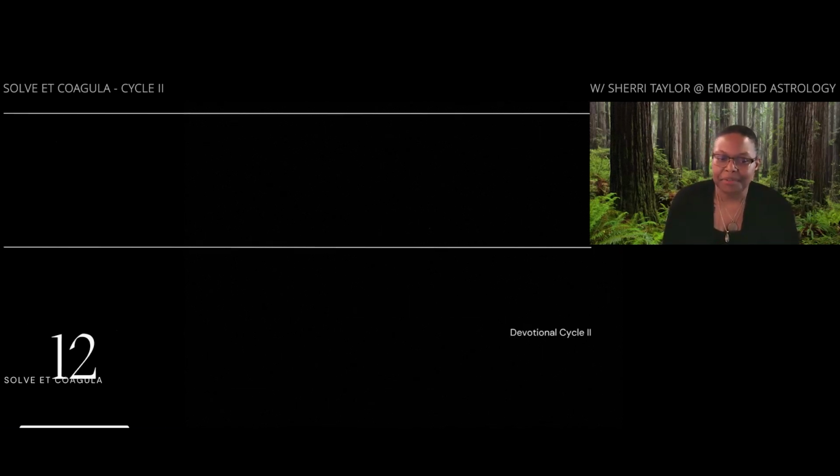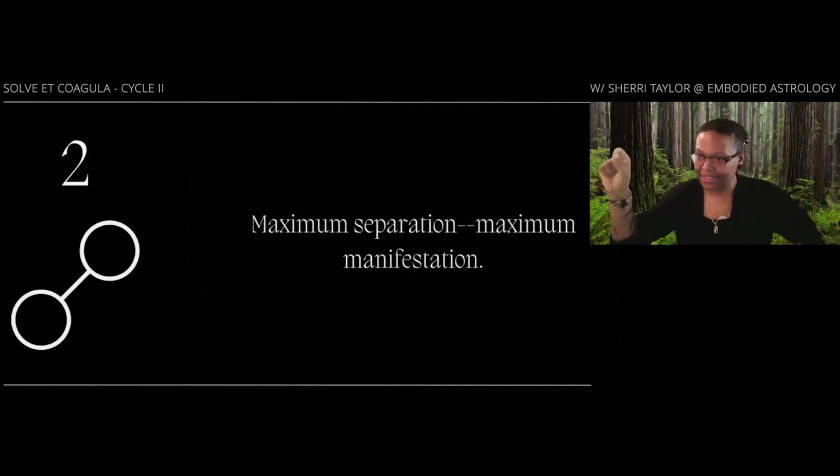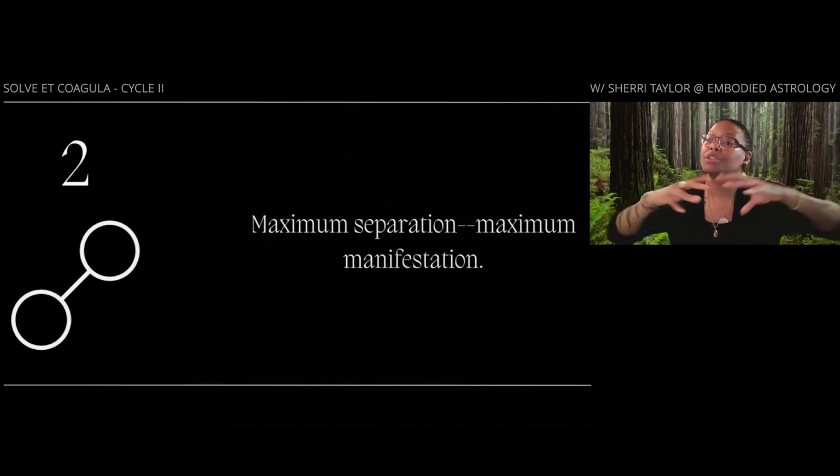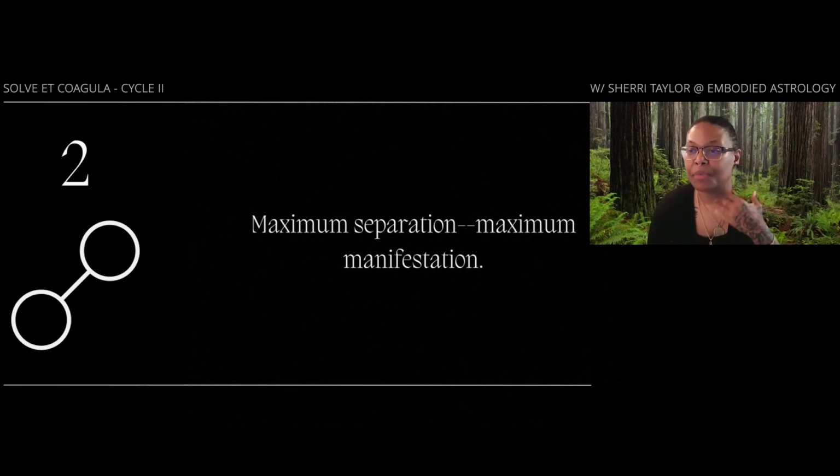And then we have our friend, the opposition, maximum separation, a line, right? A line, maximum separation, but also maximum manifestation. You know, a full moon is an opposition, right?